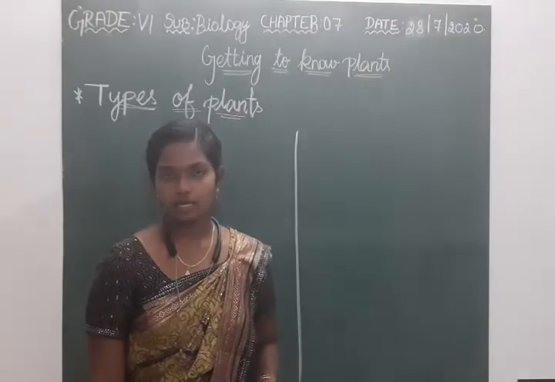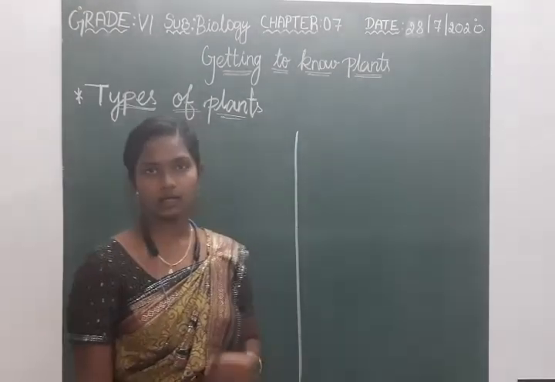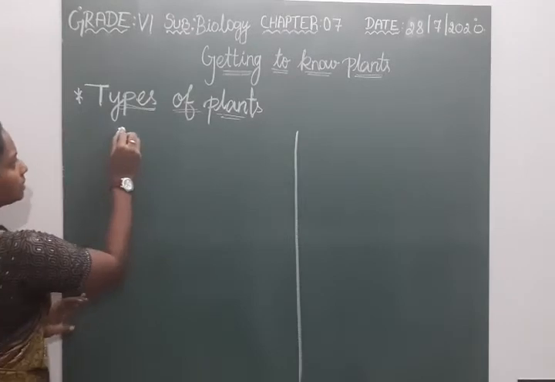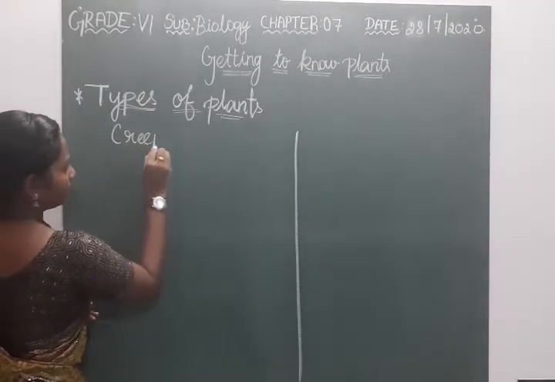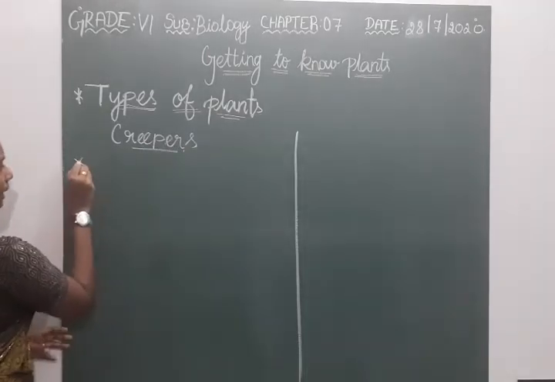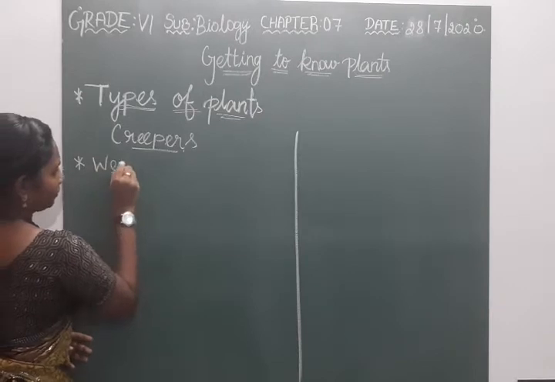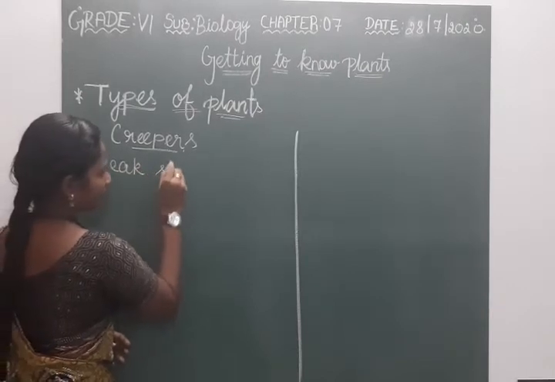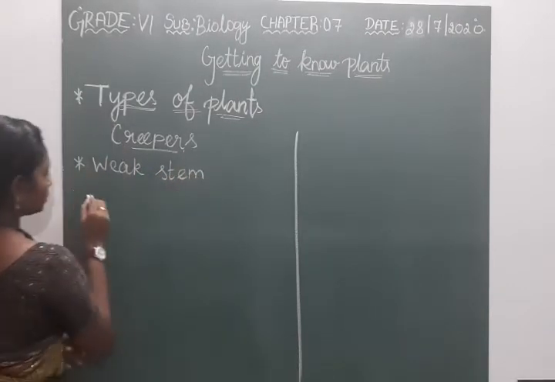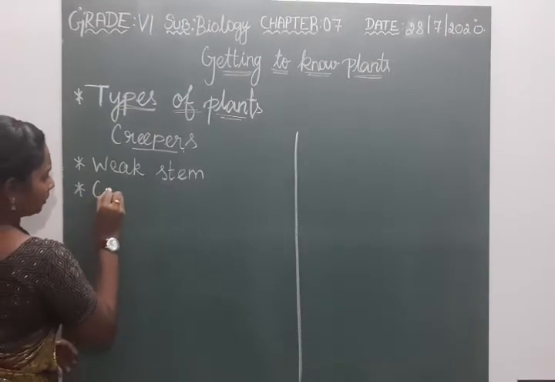Apart from these three categories, herbs, shrubs, and trees, we have another type of plant: creepers. In this category, the plants have a very weak stem, so they cannot grow upright, in an erect position.